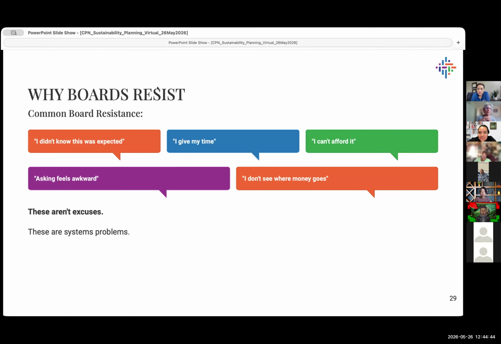Just thinking about a number of the things you mentioned, having been on a couple of boards, it always strikes me as odd that one statement you had here, I don't see where the money goes. With a number of nonprofits or community-based organizations, you get people who really don't understand what a board is and what its responsibilities are, because they would have no business saying, I don't see where the money goes, since they're responsible for that budget.